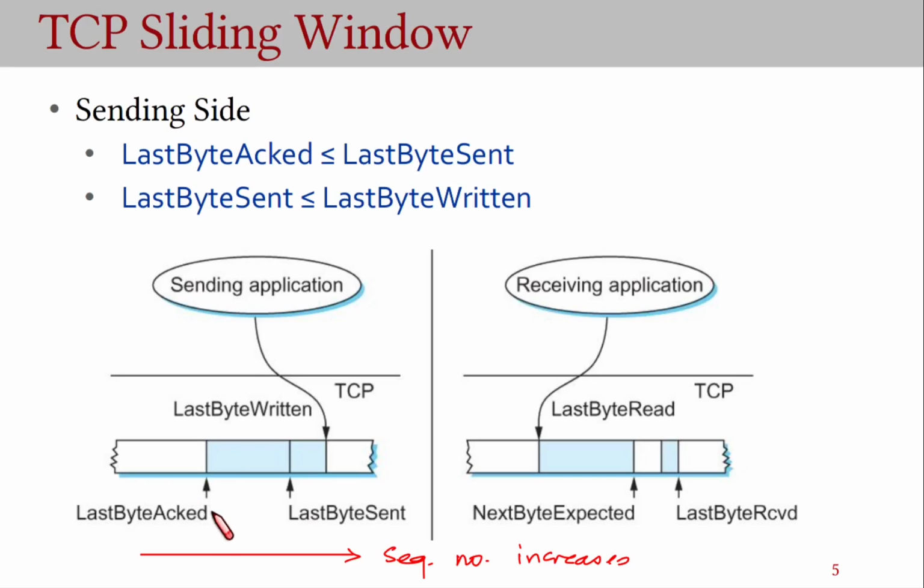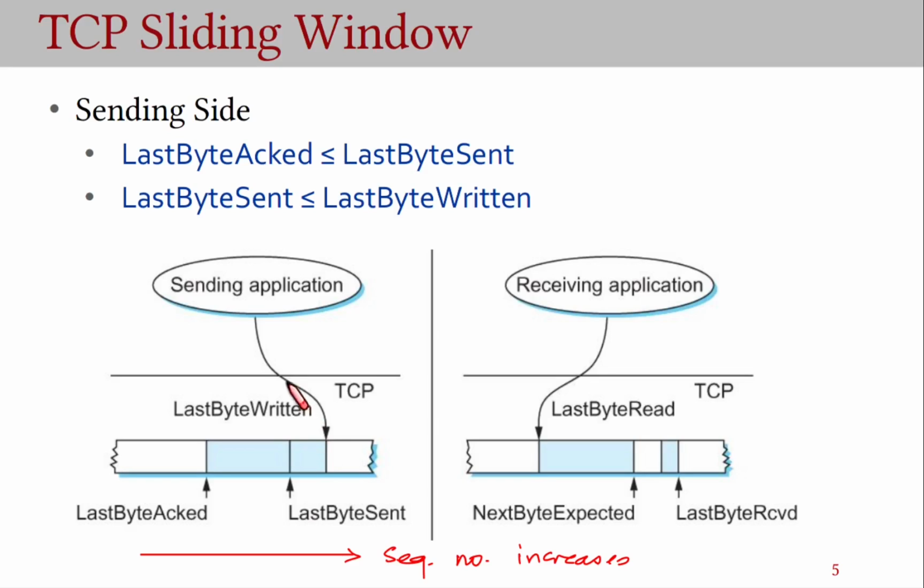And the data that is between the last byte ACKed and the last byte sent has not been acknowledged yet, and therefore last byte ACKed would always be less than or equal to last byte sent. They would be equal if all the data that has been sent has also been acknowledged.